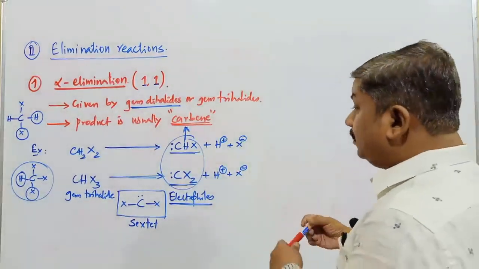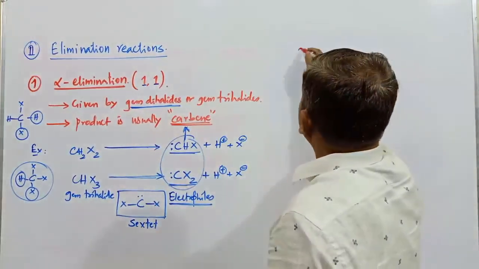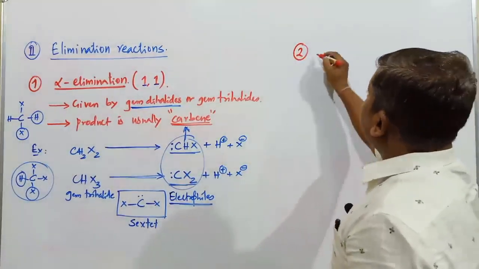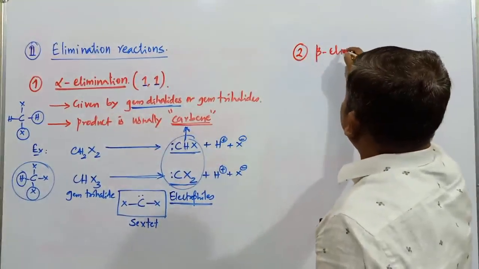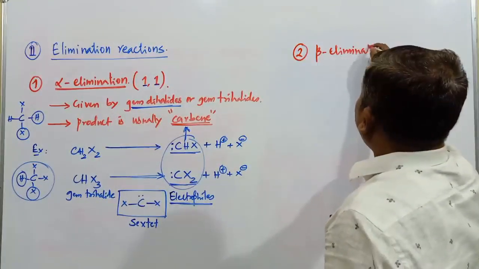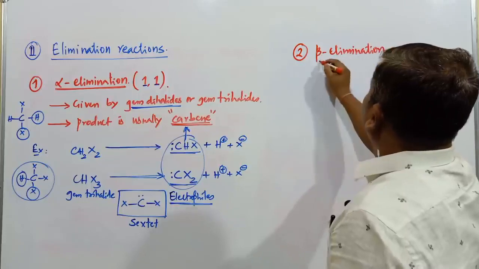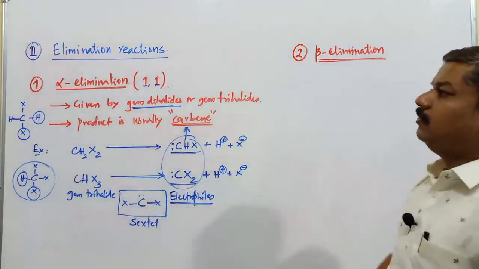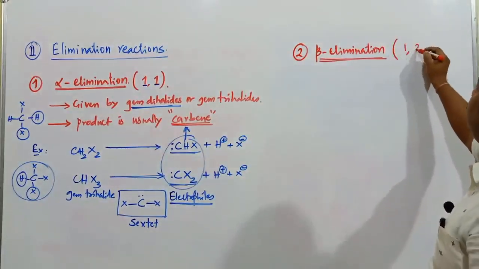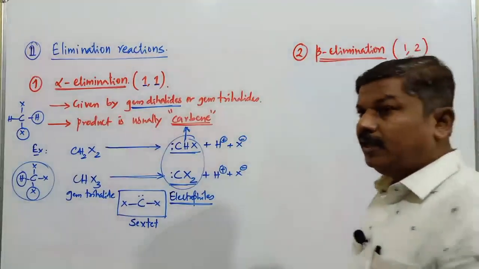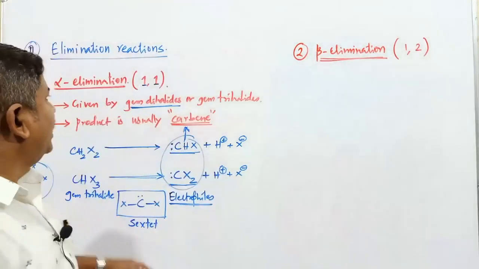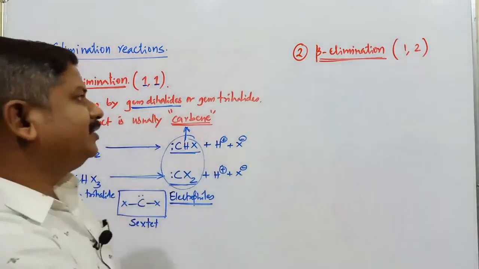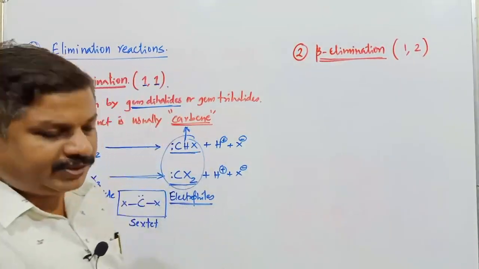The second elimination reaction is the beta elimination reaction. If alpha elimination is referred to as 1-1 elimination, beta elimination is commonly referred to as 1-2 elimination, also called alpha-beta elimination or simply beta elimination reaction.